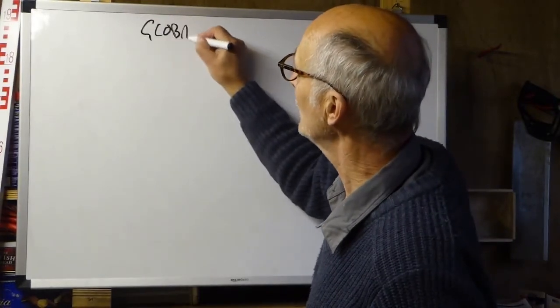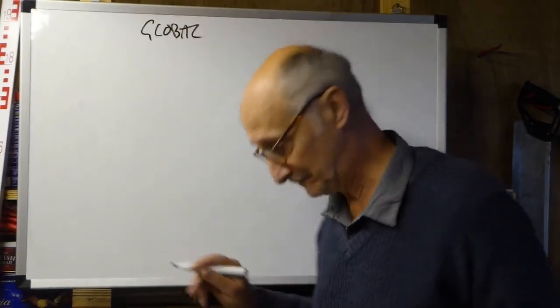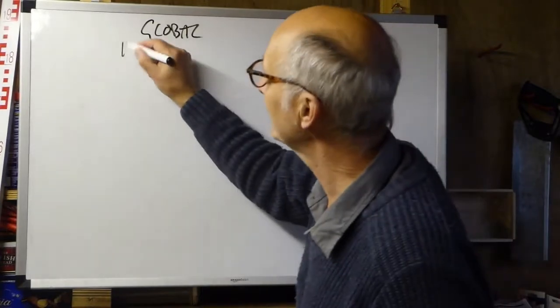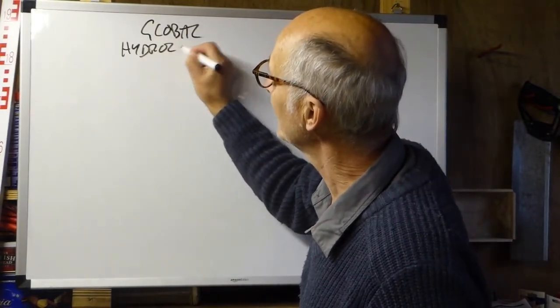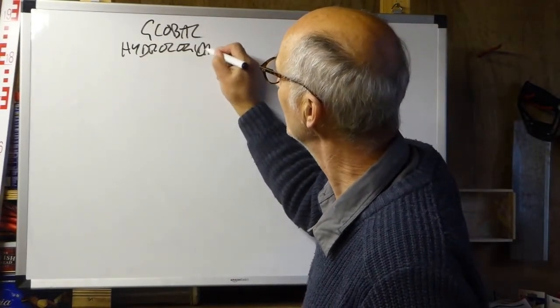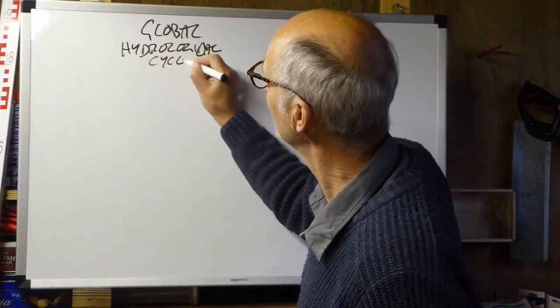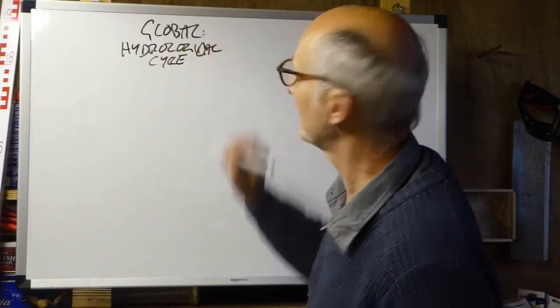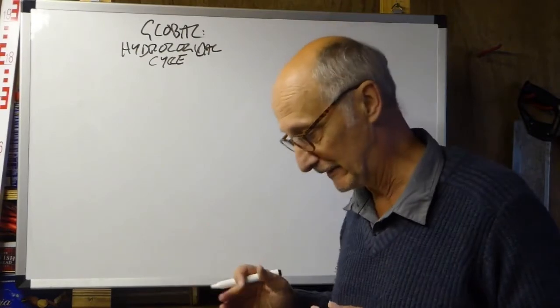So the big global environmental system. And as part of that, we talked about the hydrological cycle. So the global system and the hydrological cycle.